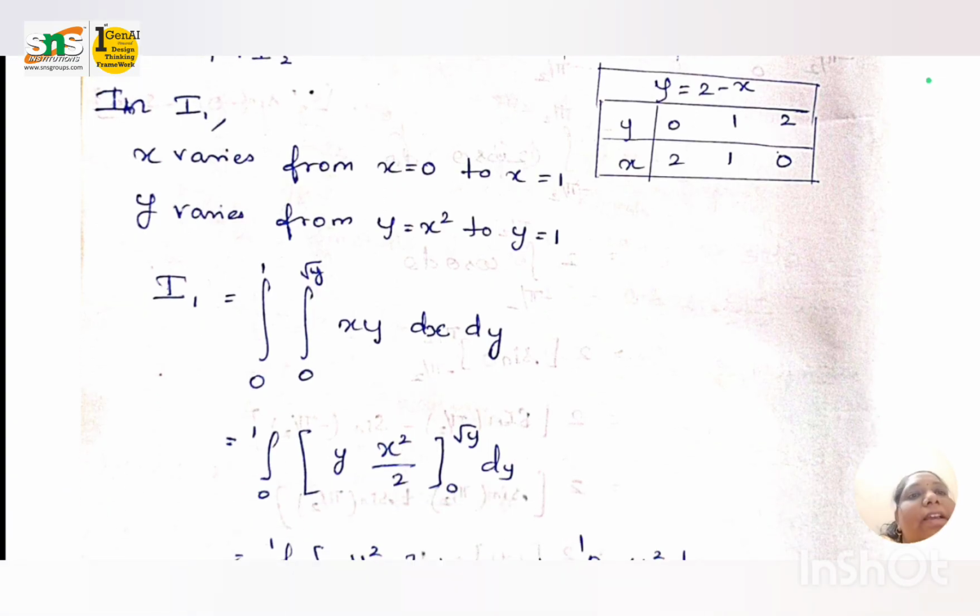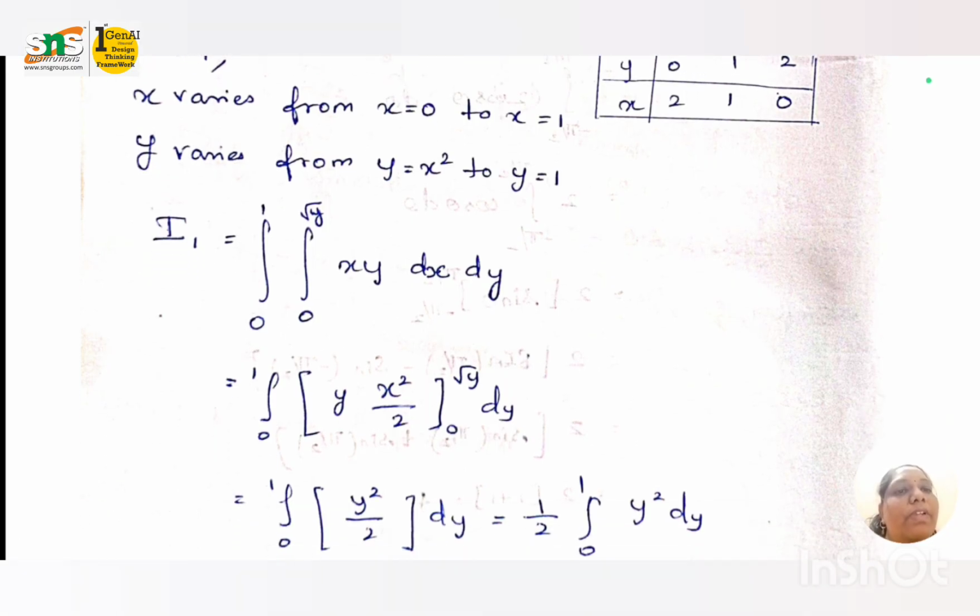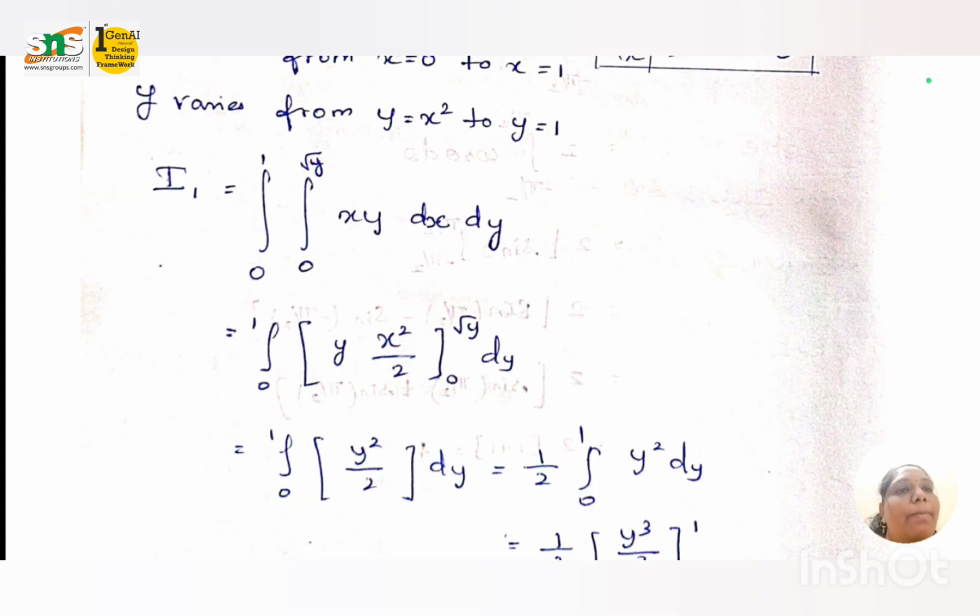So by integrating with respect to dx, we will get x squared divided by 2. Here we consider y as a constant. The limits vary from 0 to root y, so we substitute root y for x and get y divided by 2.